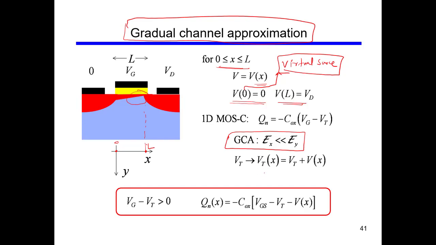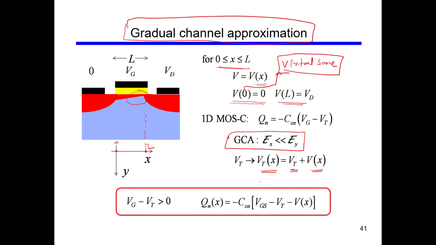In that case, the threshold voltage, because threshold voltage is related to the gate voltage, which is in the vertical direction, it is the threshold voltage plus Vx. Okay, again Vx is our drain induced potential in the semiconductor. Okay, so it adds up with that.